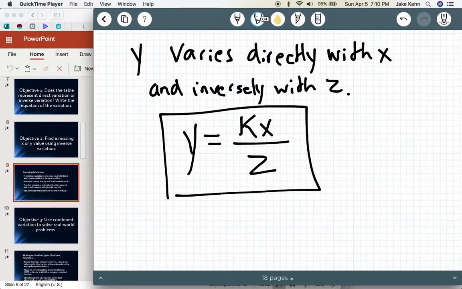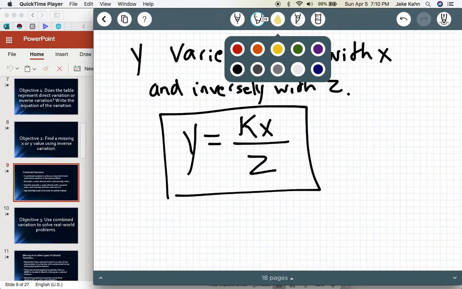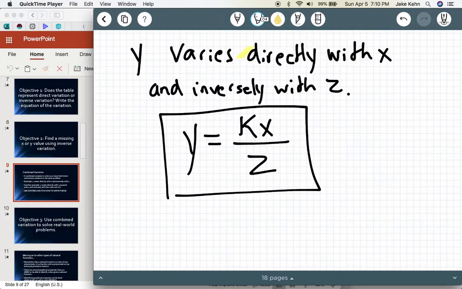So for a problem like that, because it's varying directly with x, you would have y equals k times x. However, inversely with z means that you would have k divided by z.